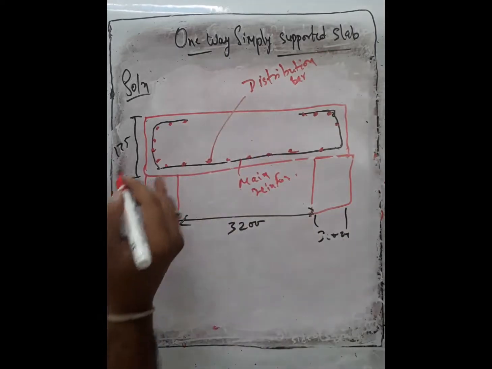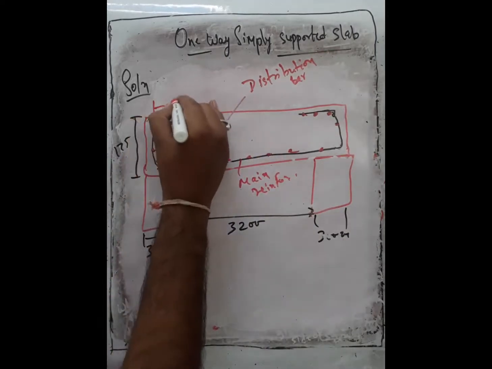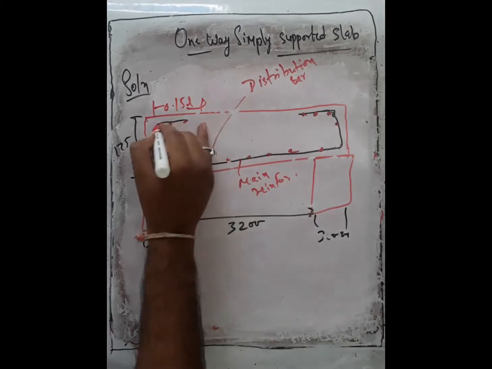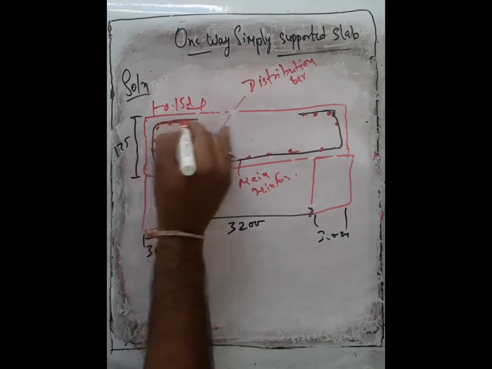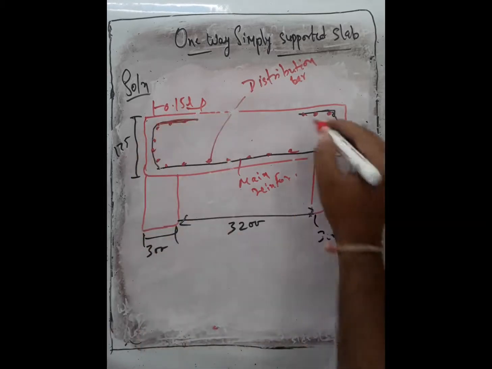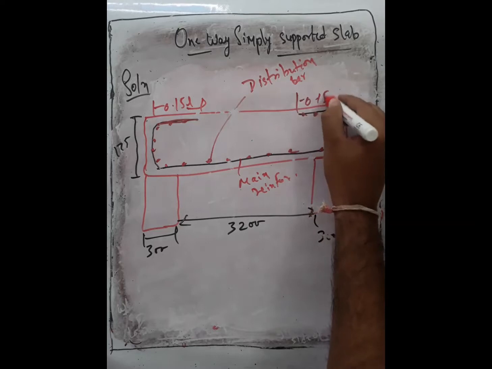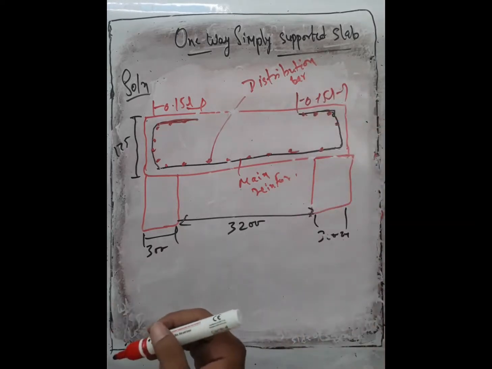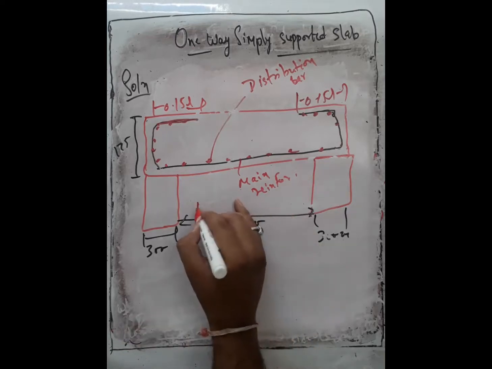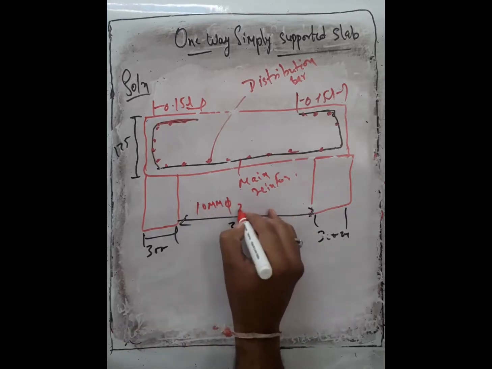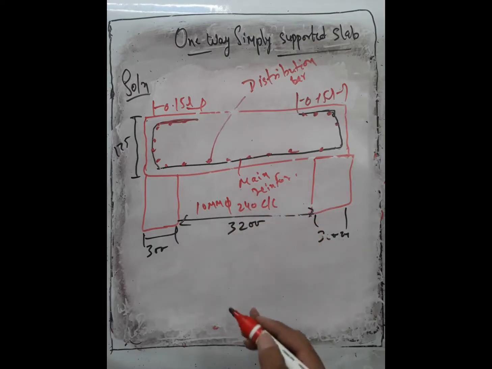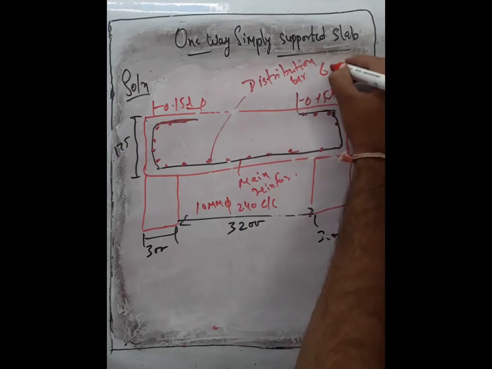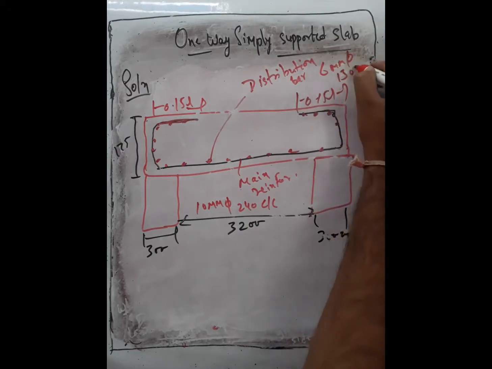Here we take the length as 0.15 L, meaning we rotate this part up to 0.15 L, and the same from here, 0.15 L, because we take bent up bars from 0.15 L. For the main bar we provided 10 mm dia at 240 center to center spacing, and for the distribution bar we provided 6 mm dia at 130 mm center to center spacing.